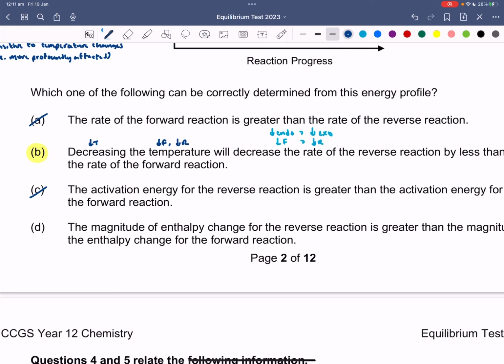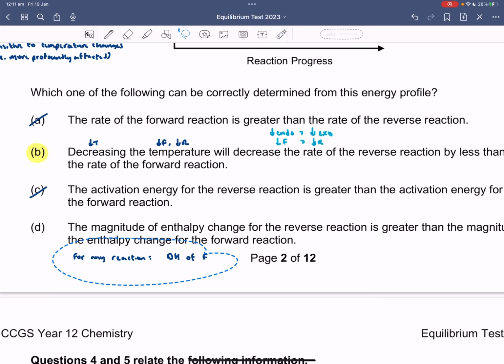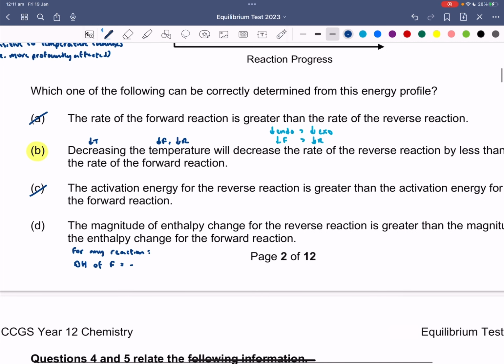And for any reaction, we should all know that the delta H of the forward reaction is negative the delta H of the reverse reaction, aka the magnitude of delta H. The arrows here mean magnitude.